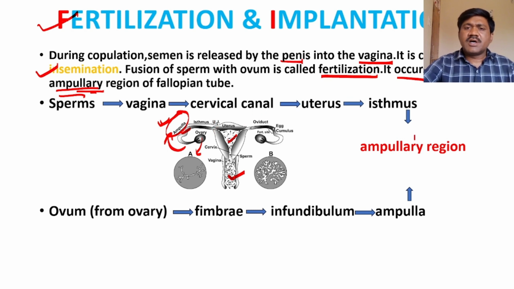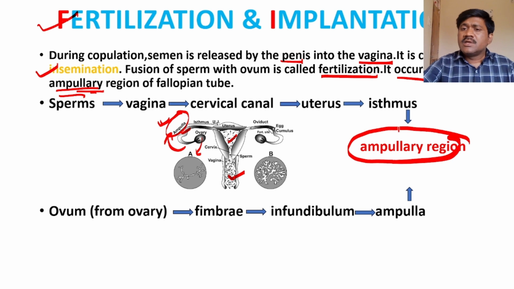Where does fertilization take place in the female reproductive tract? In the ampullary region of the fallopian tube. This you have to remember.